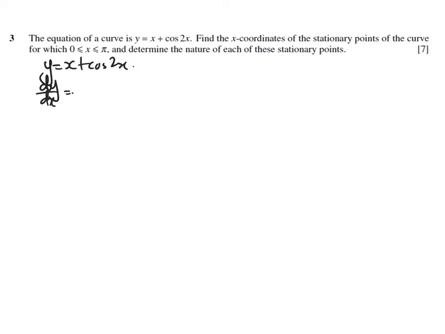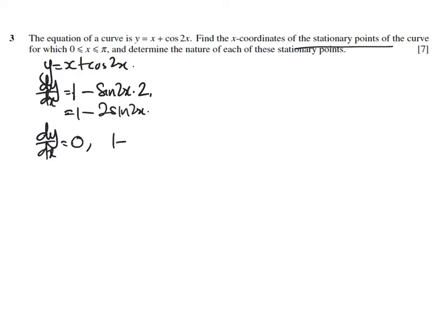dy over dx: differentiating x gives us 1, and differentiating cos 2x gives negative sine 2x, multiplied by 2. So this is the same as 1 minus 2 sine 2x, and to find the stationary points we have to make dy over dx equal to 0, because at a stationary point the gradient equals 0.